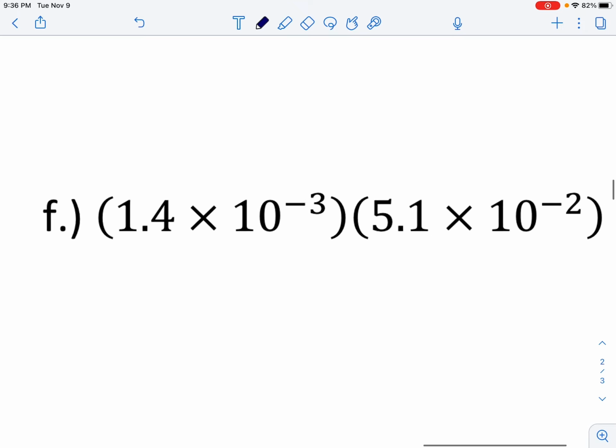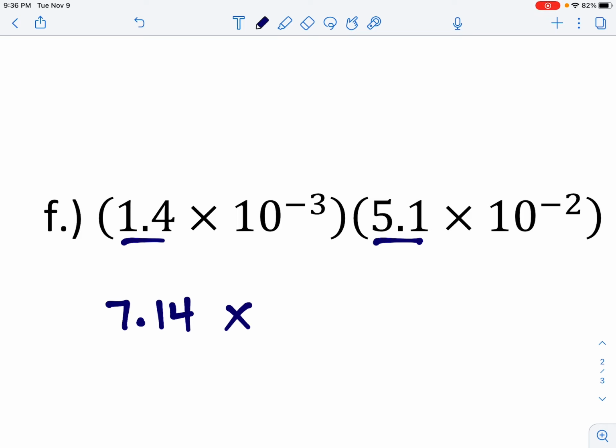For F, 1.4 times 5.1. That's going to give me 7.14 times 10 to the negative 3 plus negative 2.